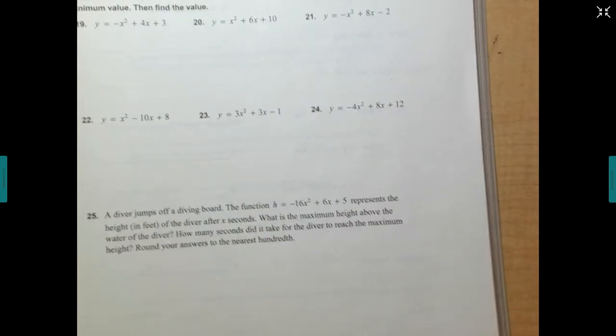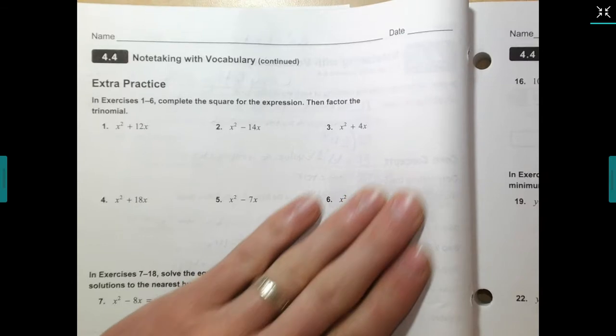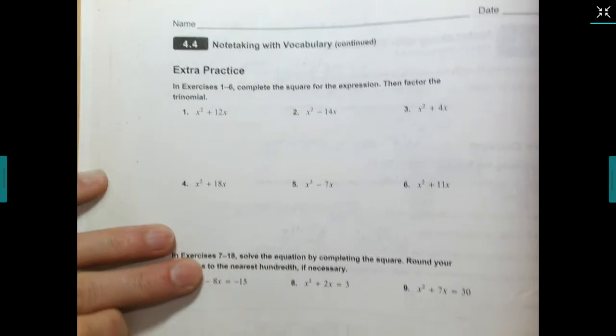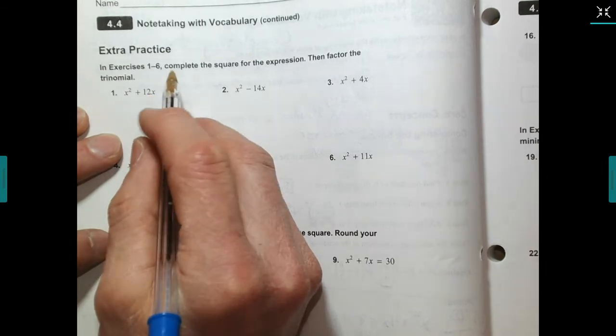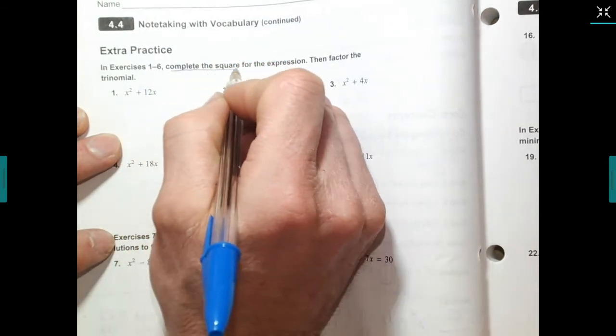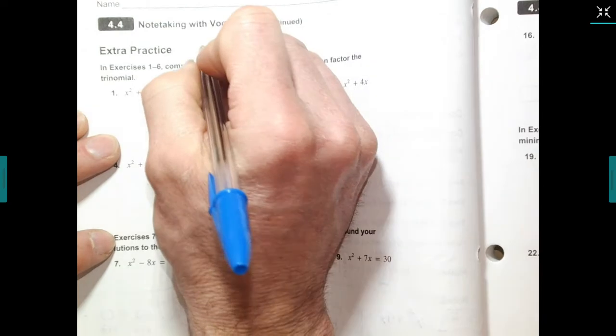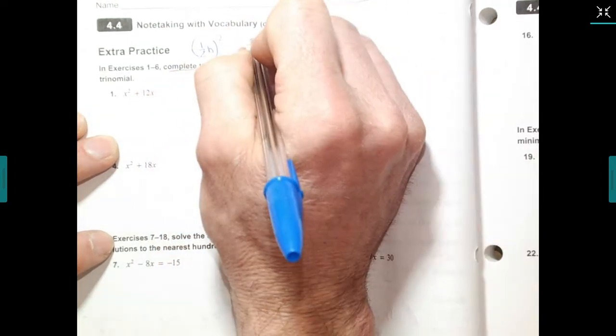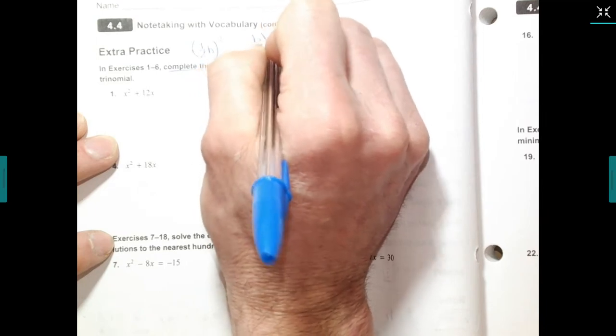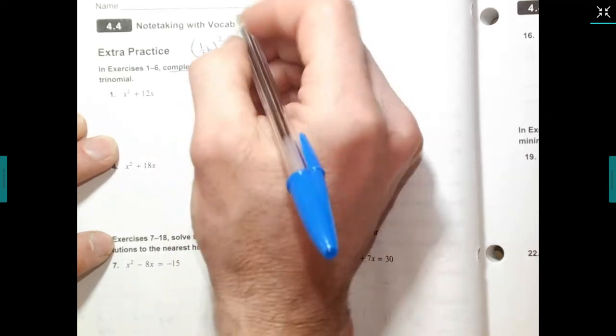Let's look at a couple of our problems, and then you can have at it. So x squared plus 12x. What we're going to do is they want us to complete the square, and completing the square is 1/2 b squared, or the way they put it is b over 2 squared. It's the same thing.